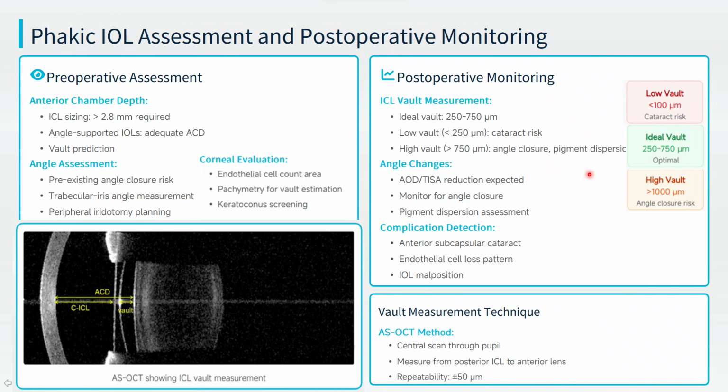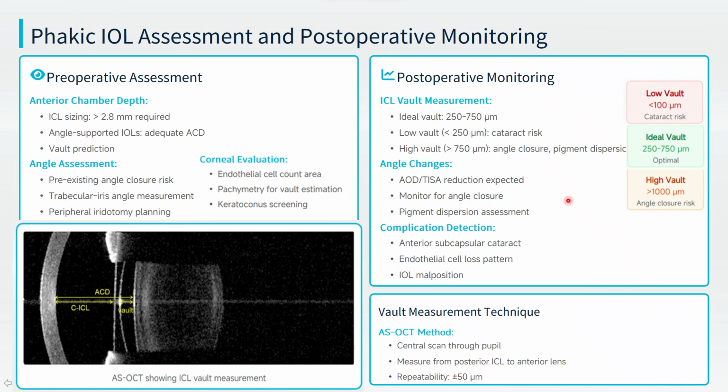So the safety margin or the ideal vault should be between 250 to 750. That is 250 from the lens and 750 microns from the iris. If it is closer than 250, this might lead to anterior subcapsular cataract. And if it is more than 750, this will lead to rubbing with the iris and the lens. This will lead to pigment dispersion. This is for the ICL.